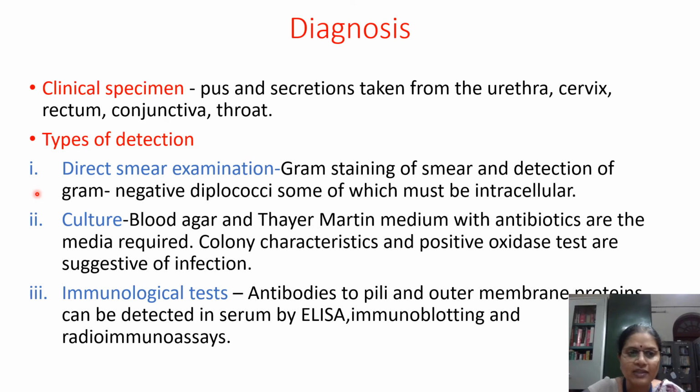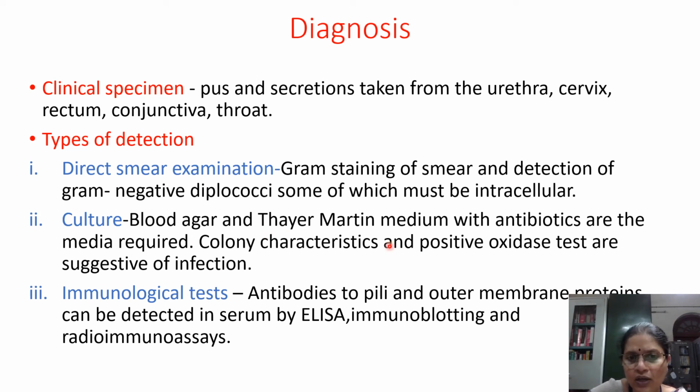Okay, now the second type of detection is culture. Whatever sample you take, pus or secretions or sometimes swabs, you just inoculate them on 2 important media. One is the enriched media, the other one is the selective media. Enriched media is the blood agar and the selective media is the Thayer-Martin medium, which contains antibiotics in it.